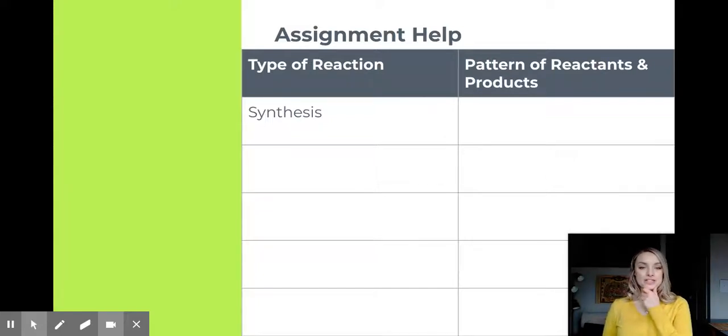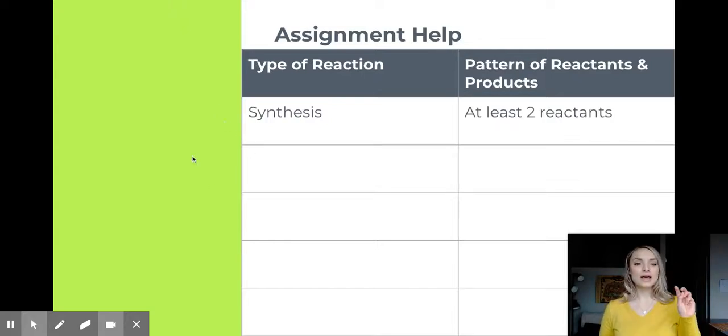Well, I know that a synthesis reaction is when I combine something and I end up with a new product. I end up with a new compound. And if I remember correctly, with synthesis, I always start with 2 or more reactants. So this is going to be on the left side of my arrow. I start off with at least 2 reactants.